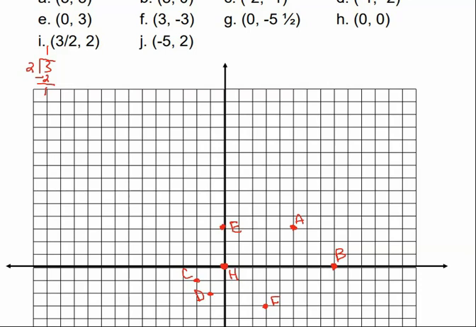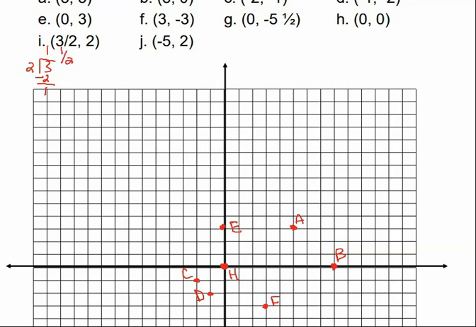So 3 over 2 is the same as 1.5. Let me rewrite that. All right, 1.5. Because 1.5, that's easier to see where it is on the graph than 3/2.